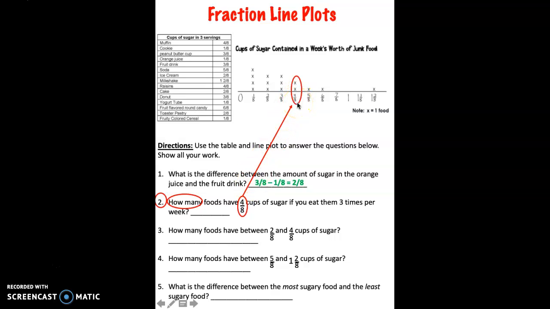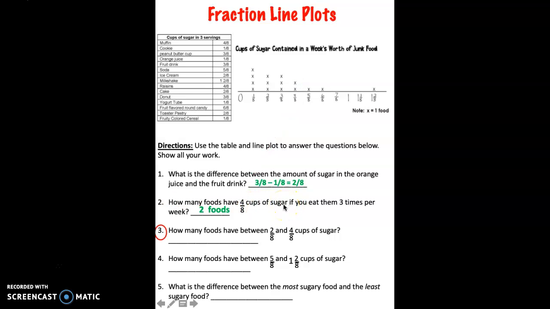Then I need to look at how many X's are here that represent 4/8. Remember, I used my table with all these different foods to create my line plot. So for this question, how many foods have 4/8 cup of sugar? I need to count the X's. 1, 2. Since there are 2 X's, I know that 2 foods have 4/8 cup of sugar.